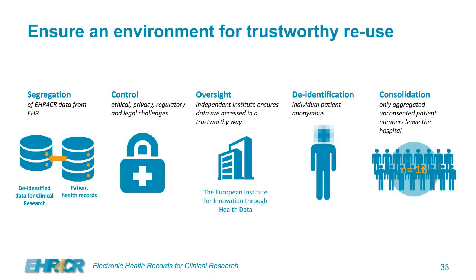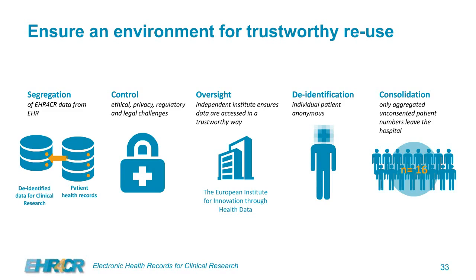An important aspect of the balance is to ensure trust in what we're doing. And this slide illustrates some of the issues that we are facing. On the left-hand side, we are trying to ensure trust within the healthcare systems. We're achieving that by the segregation of data, as you've heard previously.